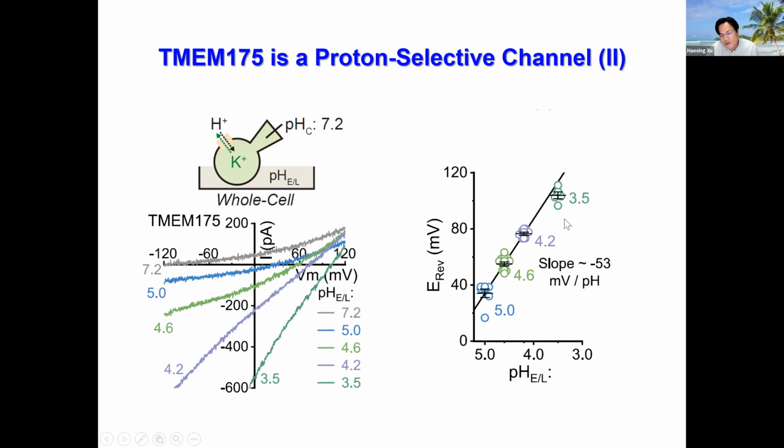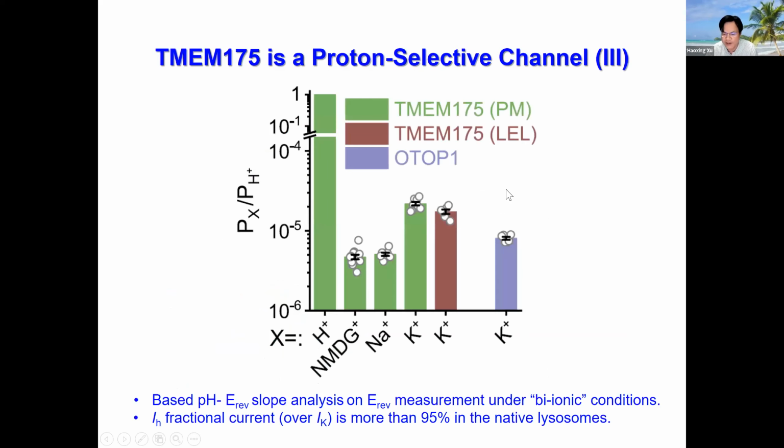So when we calculate the selectivity, both based on this slope analysis and on the reversal potential measured under so-called bionic conditions, we find that the channel is roughly 50 to 100,000 times selective for proton over sodium or potassium.